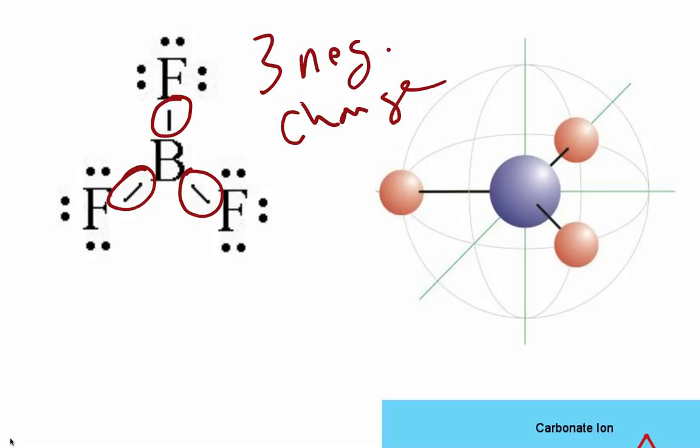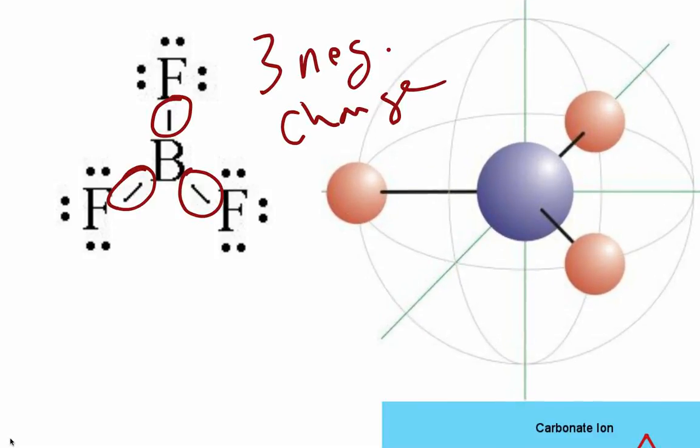If we have three negative charge centers, those things are going to try to spread apart from each other as much as they possibly can in space. So we have our boron here, which has no lone pairs because it is an exception to the octet rule. But we have fluorine with its lone pairs, fluorine here with its lone pairs, and a fluorine over here with its lone pairs, all of which are repulsing each other.